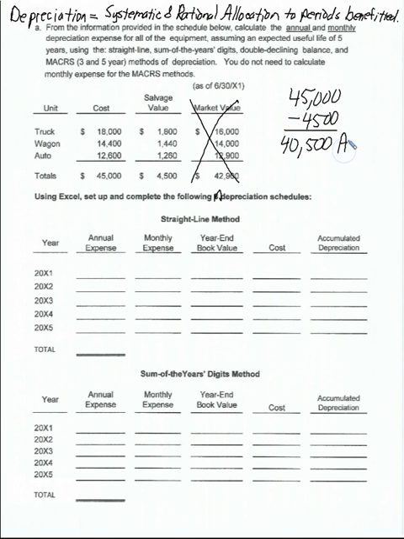So I'm just going to abbreviate that amount to be depreciated. So in all of these cases, at least the ones used for the income statement, the total depreciation expense over these assets' 5-year life should be $40,500.